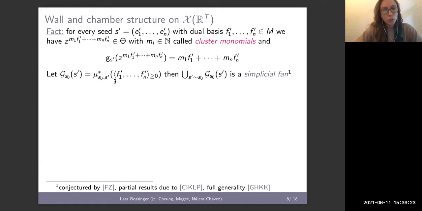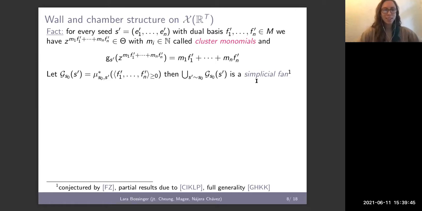And it turns out that this pullback preserves, although these are shear maps, pseudo-reflections, this cone, and it stays a simplicial cone. And in the end, if I take the union over all seeds and all these pullbacks, I do get a simplicial fan.